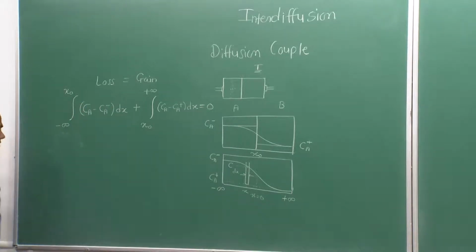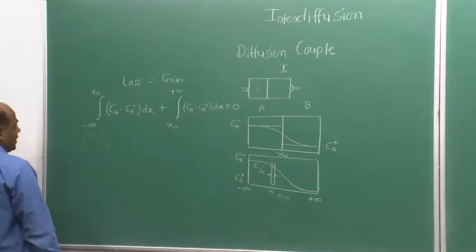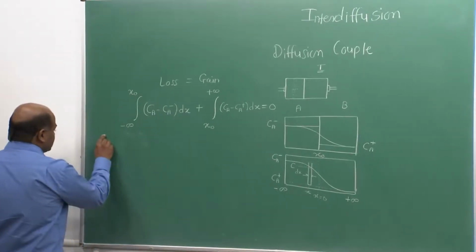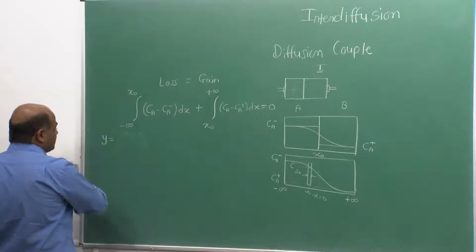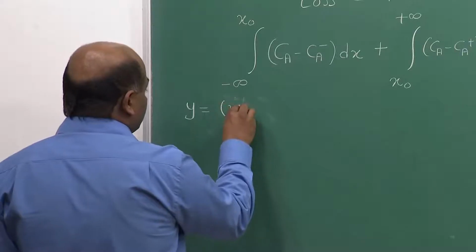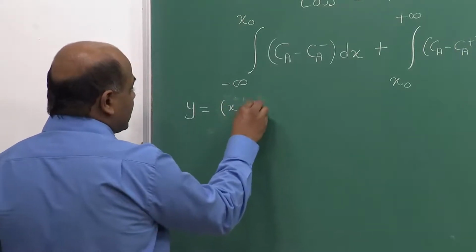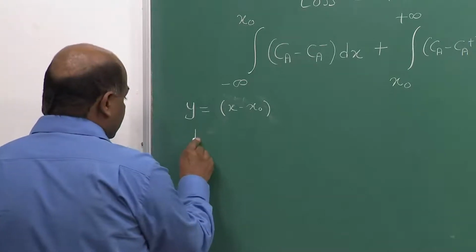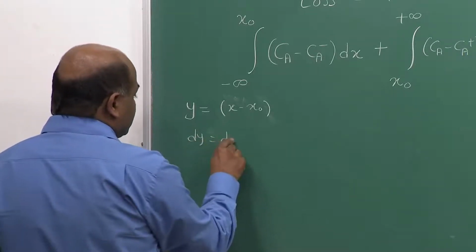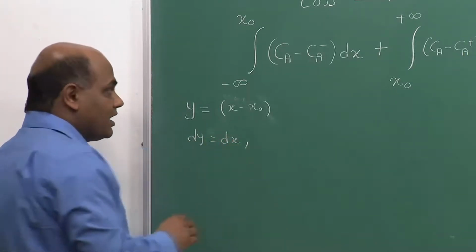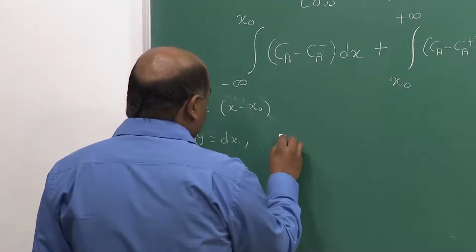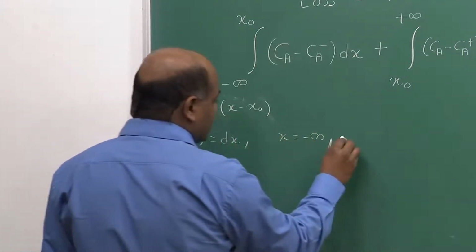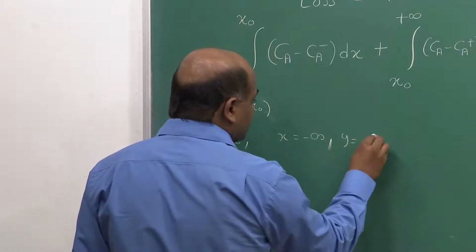Now, if we substitute y equal to x minus x naught, we will get dy is equal to dx, and when x is equal to minus infinity, y should be equal to minus infinity too.